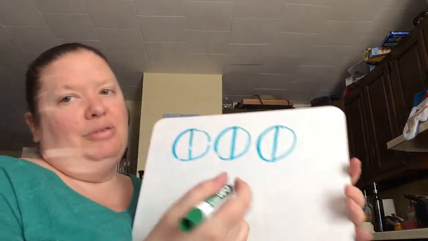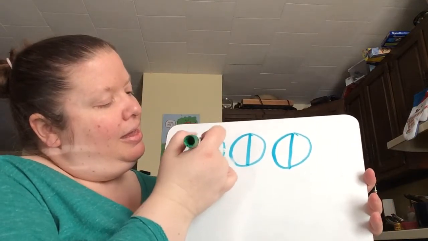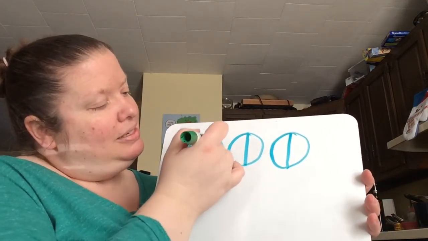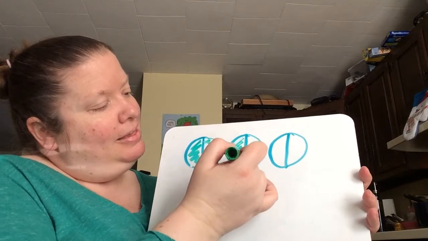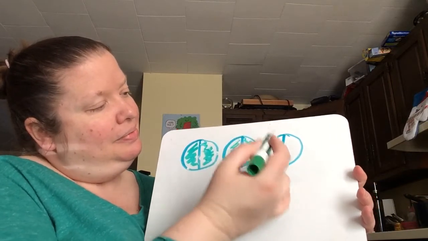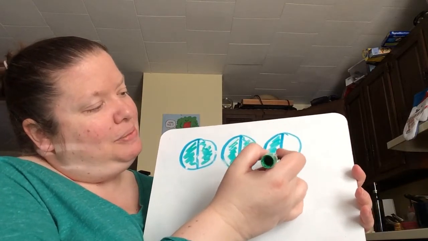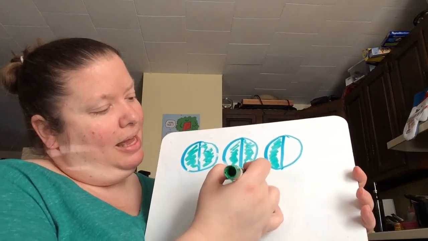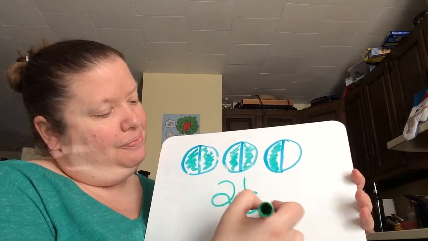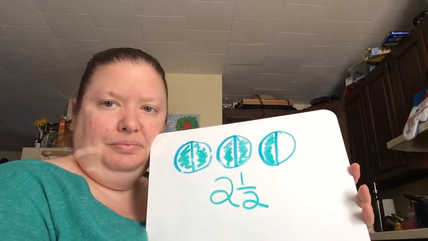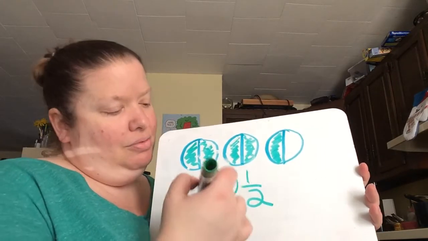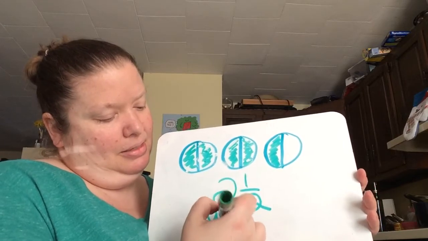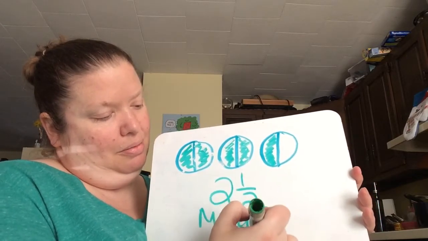Okay, so here are my 3 pizzas cut in half, and this whole pizza is going to get eaten, and this whole pizza is going to get eaten, but only half of this pizza is eaten. That is 2 whole pizzas and 1 half of the third pizza. This right here is a mixed number.